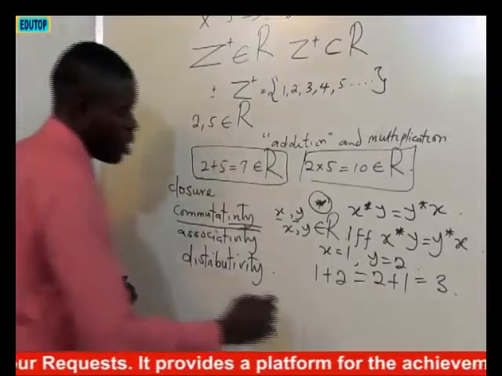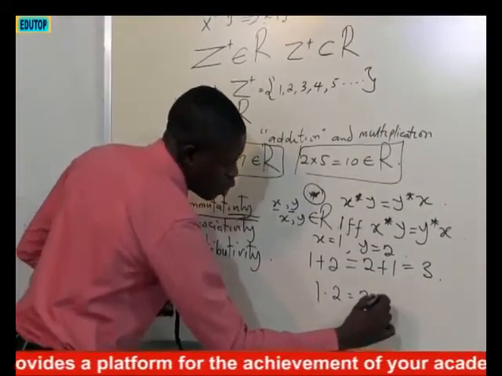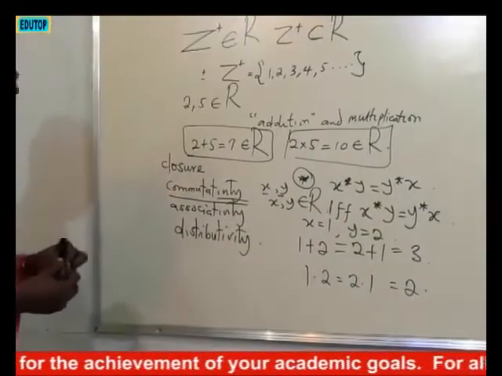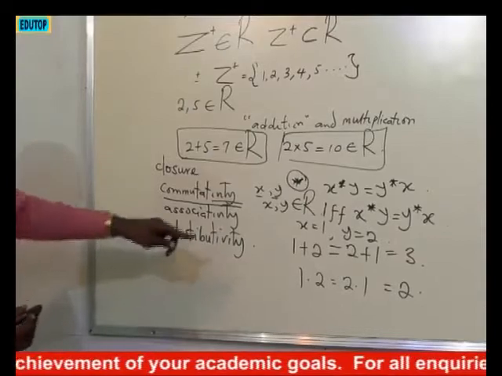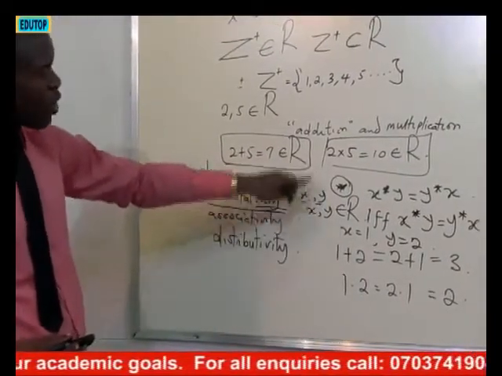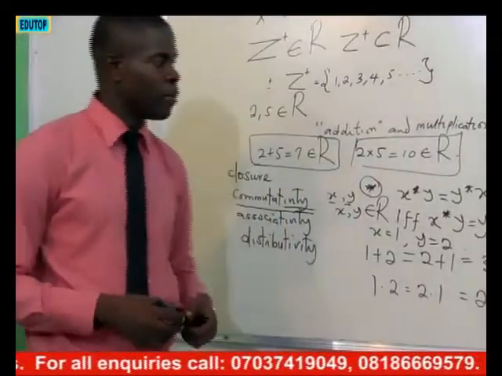Then also 1 times 2 is equal to 2 times 1, which is equal to 2. That is also commutativity. That means commutativity is possible under the operations addition and multiplication.